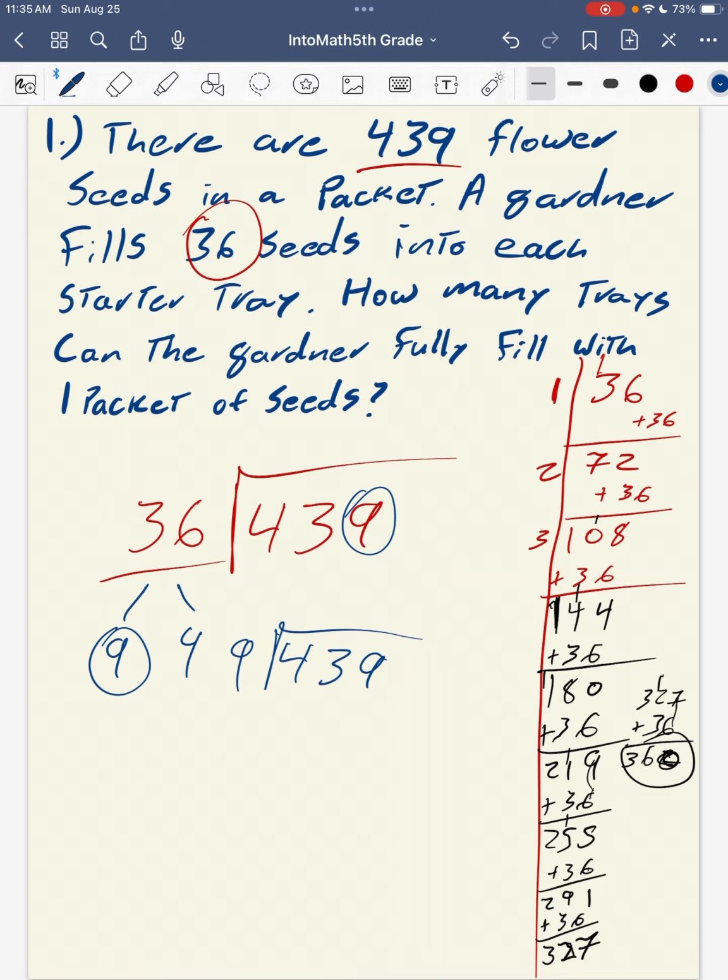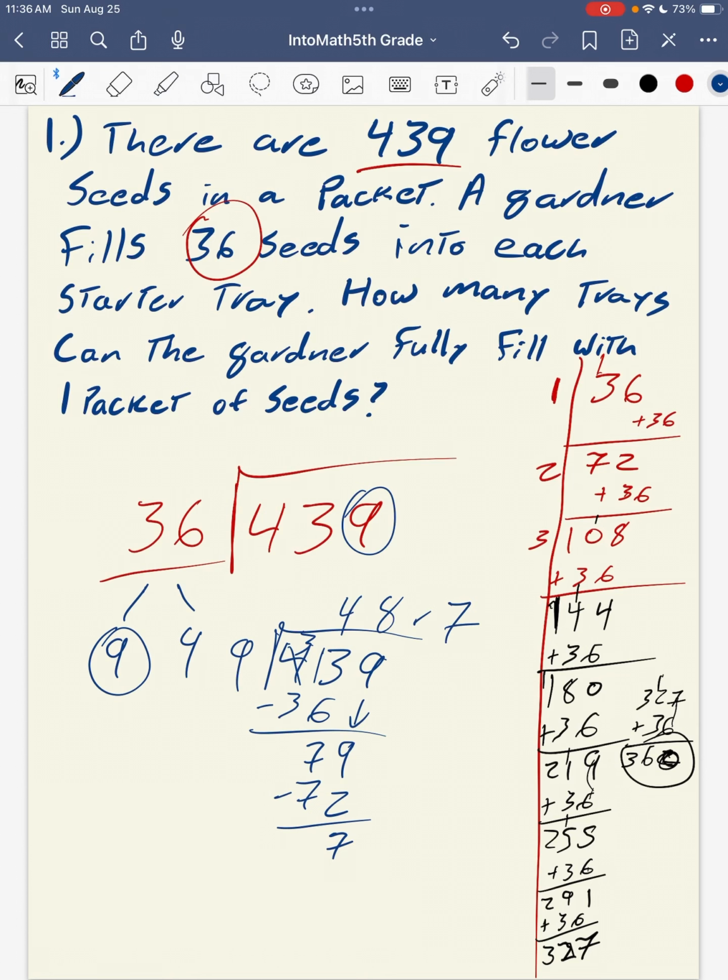9 goes into 43. That looks like it could go in 4 times. Minus 36. 13 minus 6 is 7. Carry down my 9. 9 can go into 79 approximately 8 times. 72.